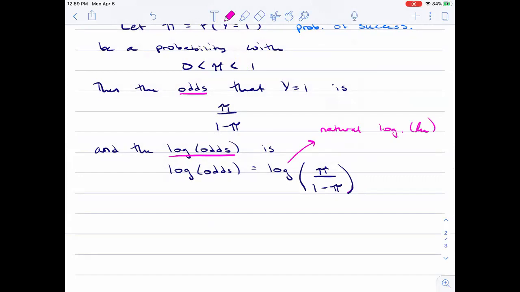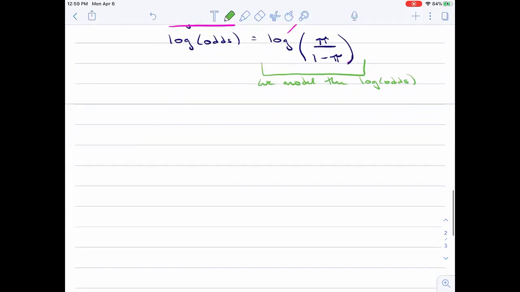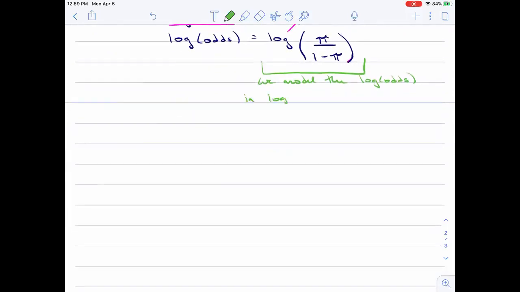So that's the log odds, and this thing is what we're going to be modeling. We model the log odds in logistic regression. It's going to be a little bit more than that, but basically that's what we're doing.